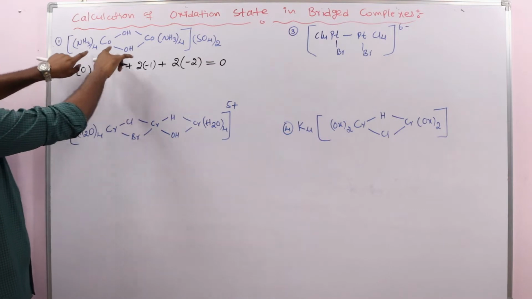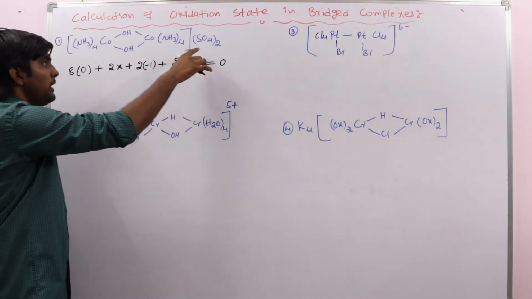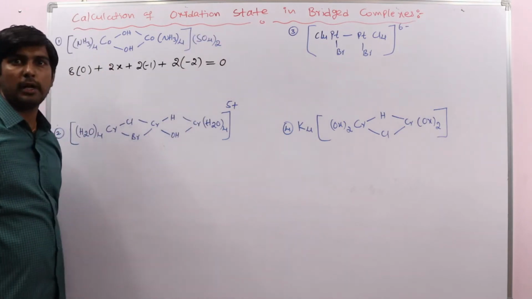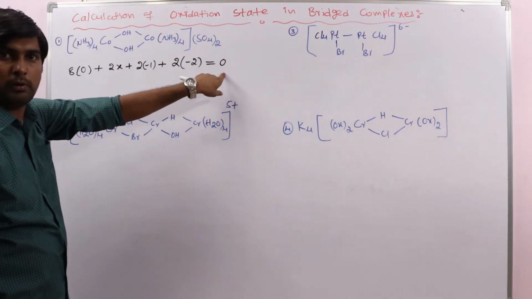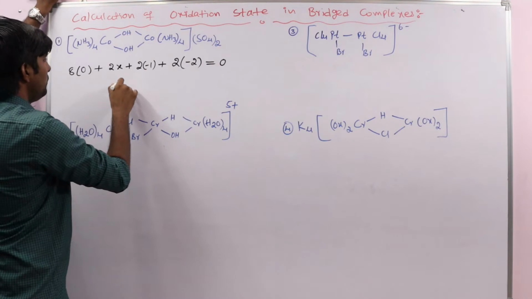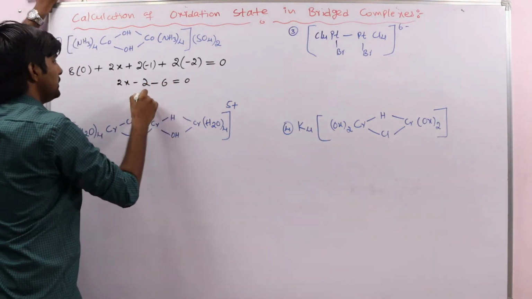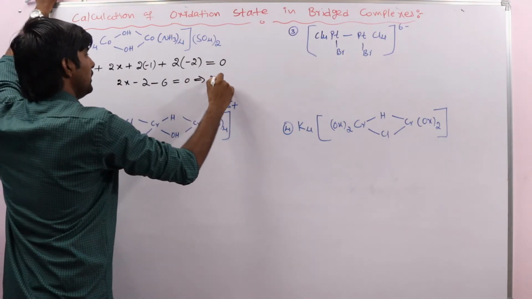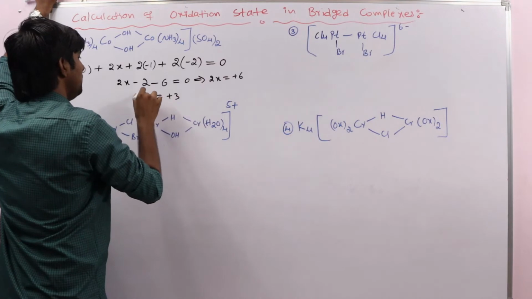The sum of the ligands plus the oxidation state of metal plus the total charge present in the ionic sphere, everything is equal to 0. So 2x minus 2 minus 6 equal to 0. So 2x equal to plus 6, so x is equal to plus 3.